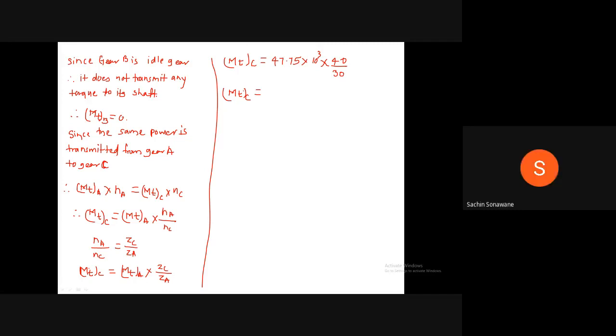Yes, correct. 63.67 into 10 raised to 3 Newton mm. Therefore, now we have calculated all the torques on the gear shafts.